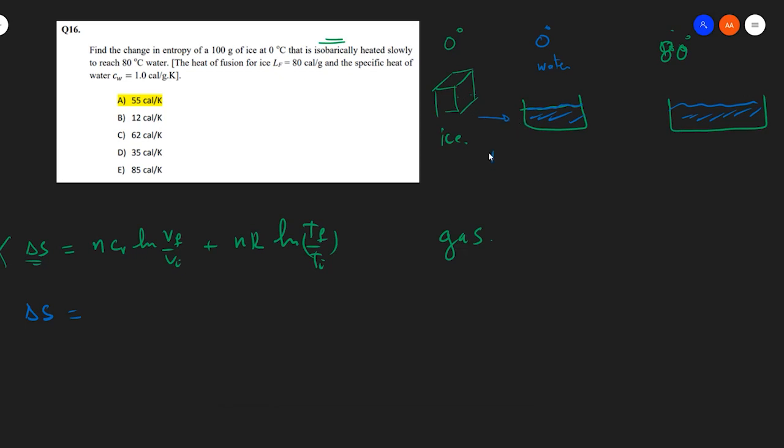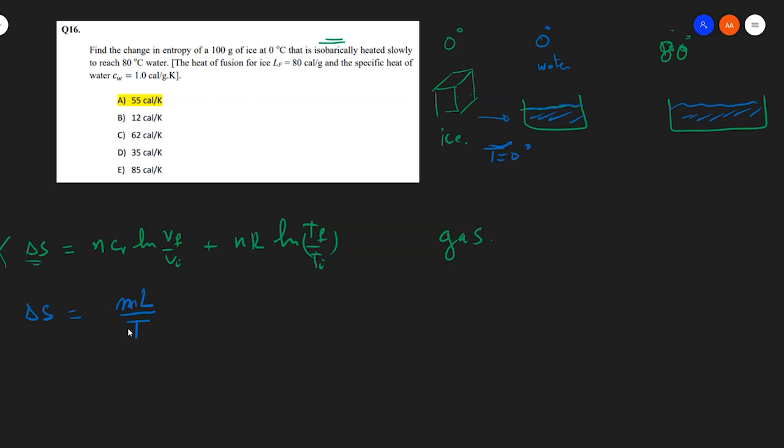It happens at a constant temperature T, which is 0 degrees. For a process like this, delta S will be M L, the latent heat, over the temperature T. I write 0 degrees here, but in thermodynamics we need to use Kelvin.